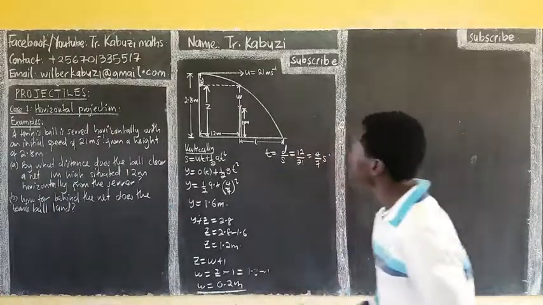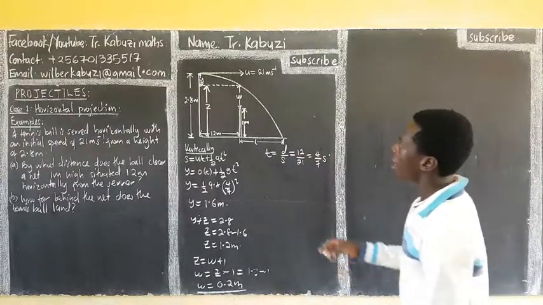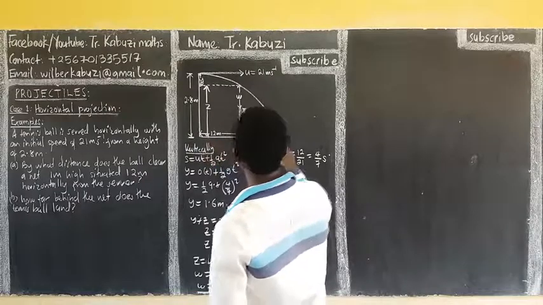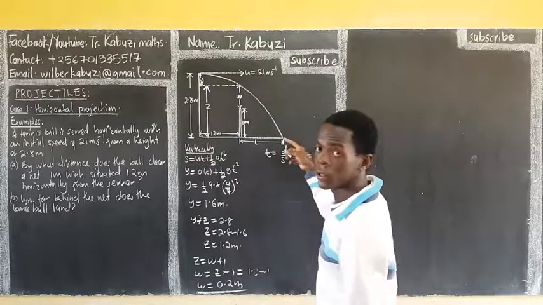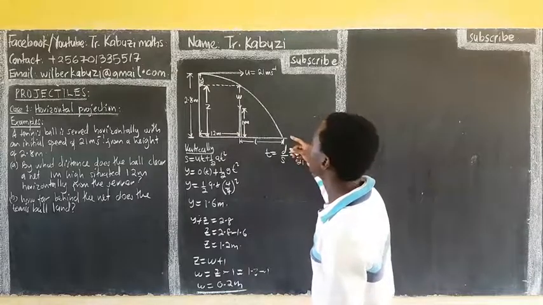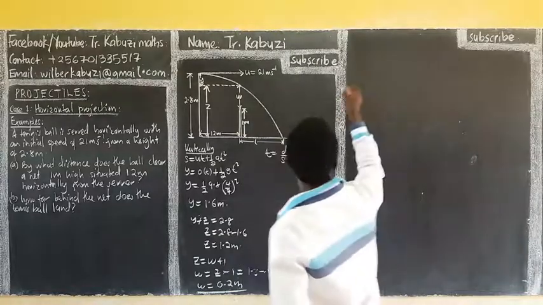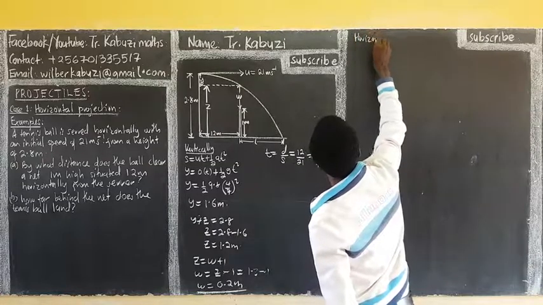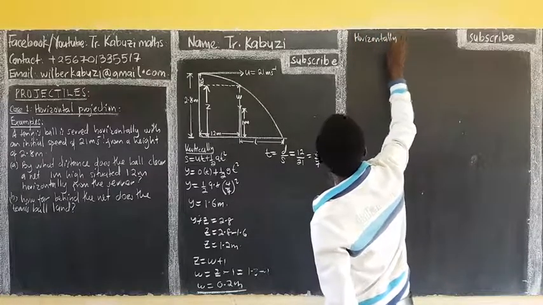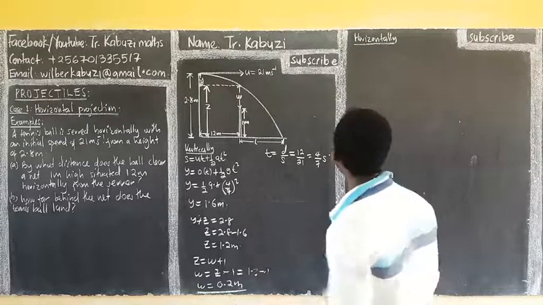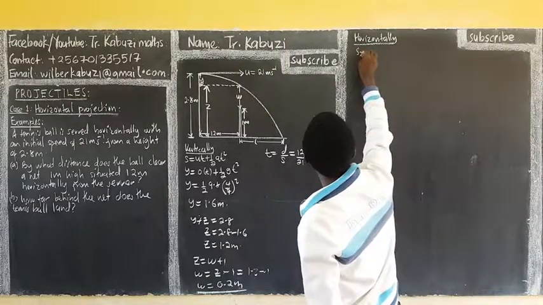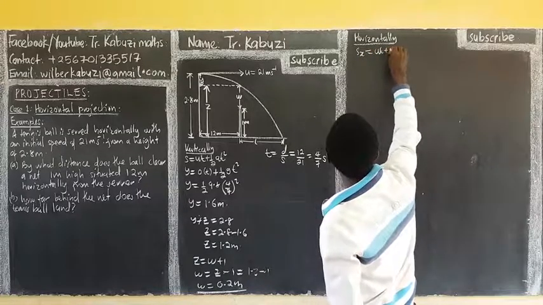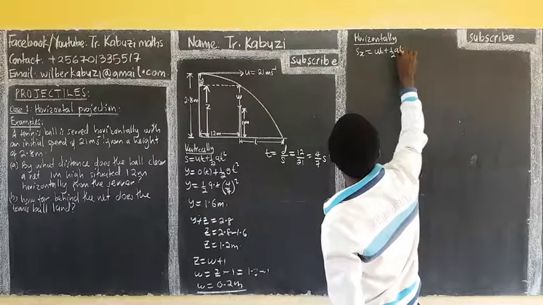But now, what are you going to use there? If we know that from here up to here it's going to be 12 plus L, so we have the horizontal distance. Horizontally, our SX is U plus half AT squared.